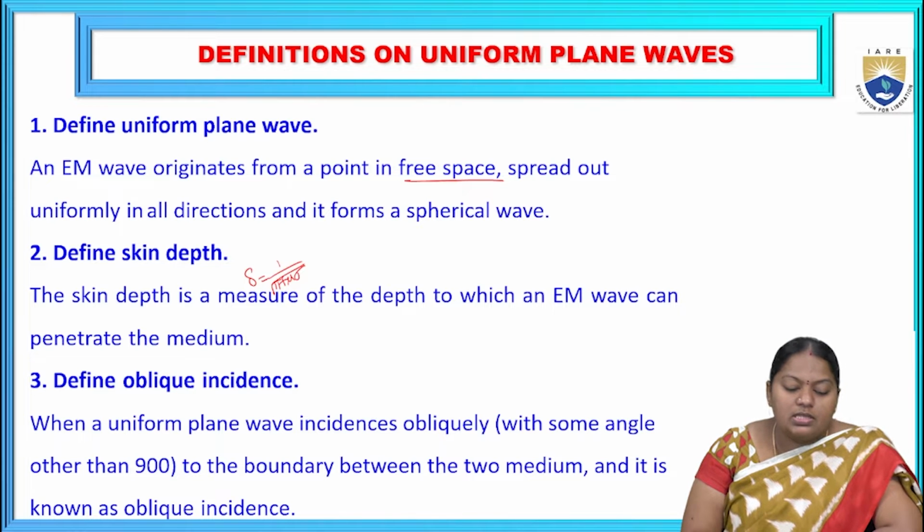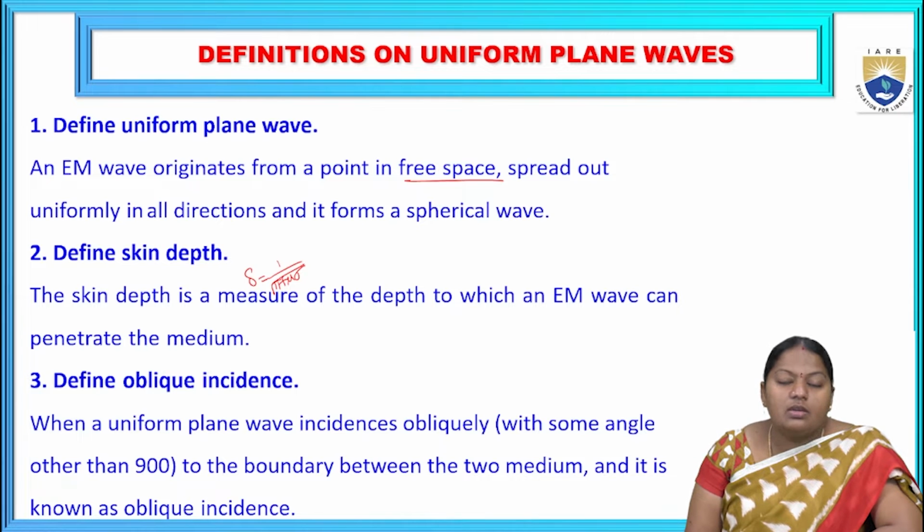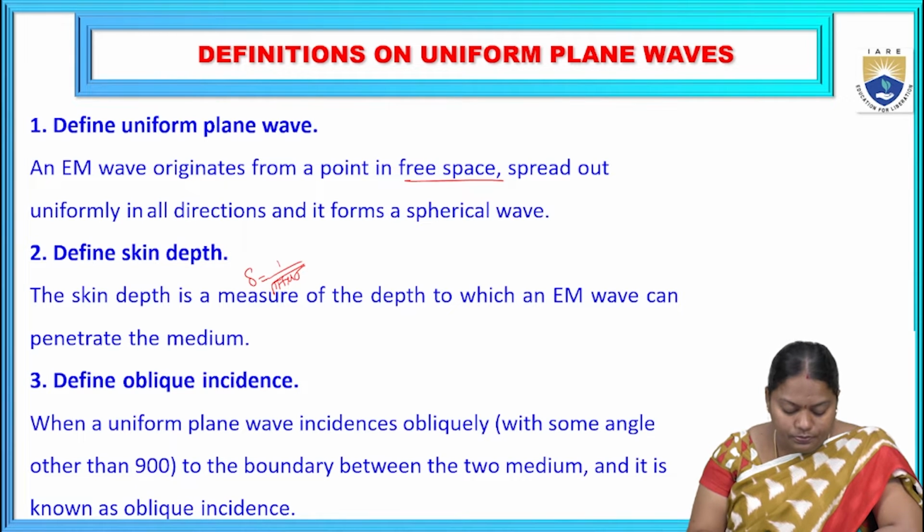The skin depth, or depth of penetration, is the depth at which the electromagnetic wave penetrates into the medium, denoted with delta, given by 1 by root of pi f mu sigma.